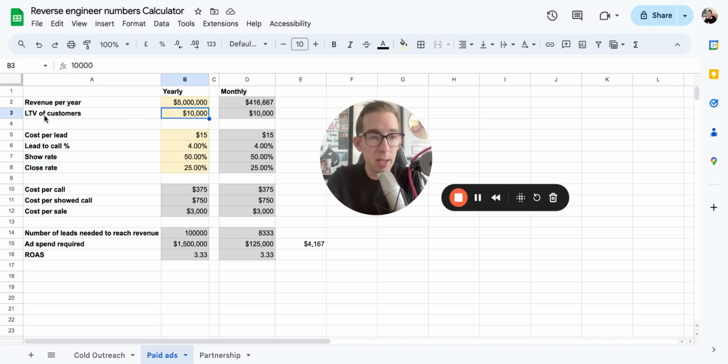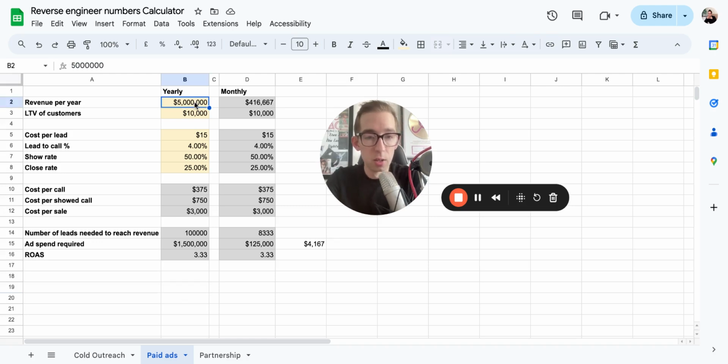We look at this number here, the LTV. Why? Because if you can spend more to acquire a customer than anyone else, you're going to win. So if you want to get back up to this 5x return on ad spend, right now you're having to spend 1.5 million to get to that 5 million goal.